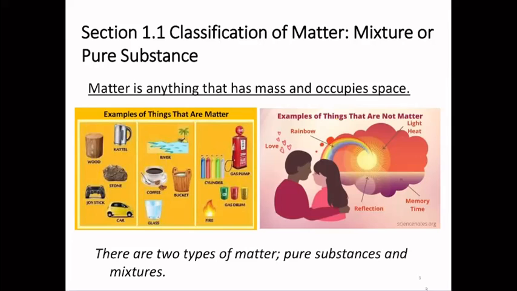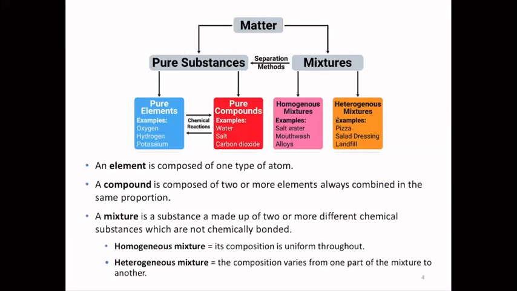Now, when it comes to dissecting what are the two large families of what matter is, we need to understand that matter can be defined as either pure substances or mixtures. And let's just dig in a little bit more on like, okay, how do I know that something is a pure substance or something is a mixture? So again, matter can be pure substance or it can be a mixture, okay?